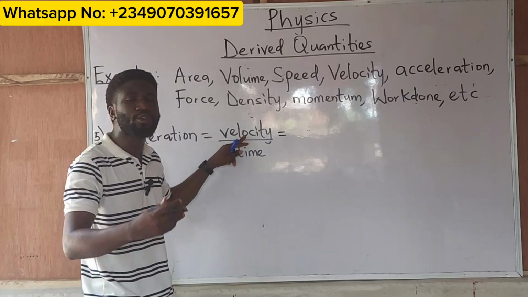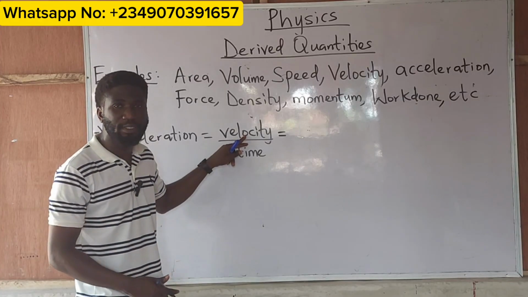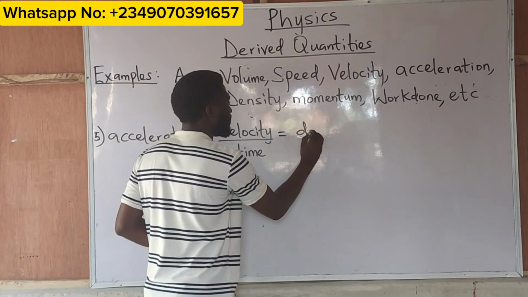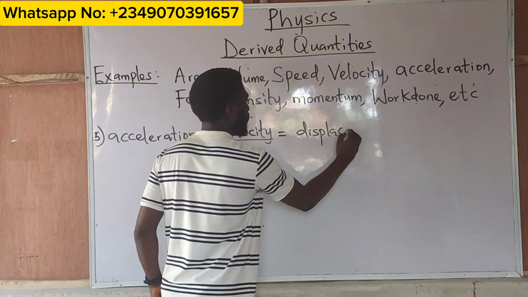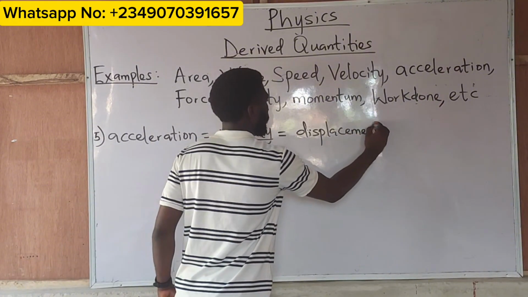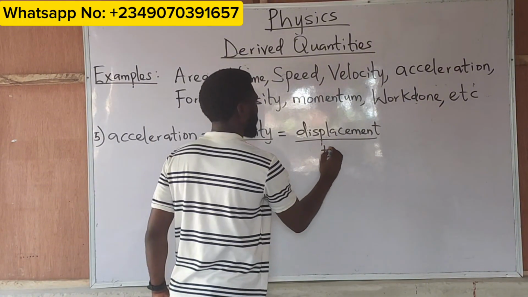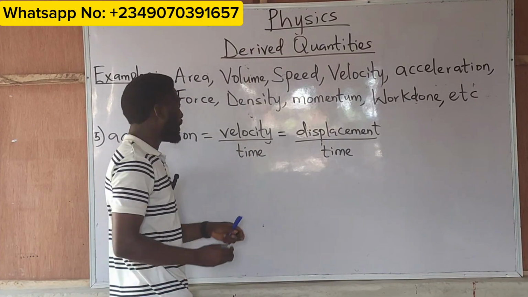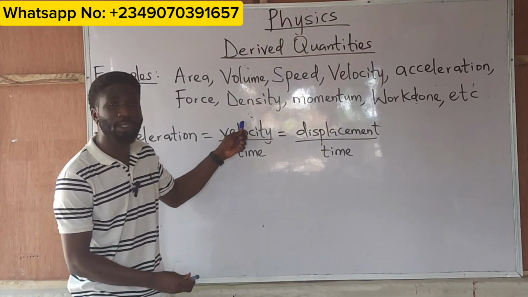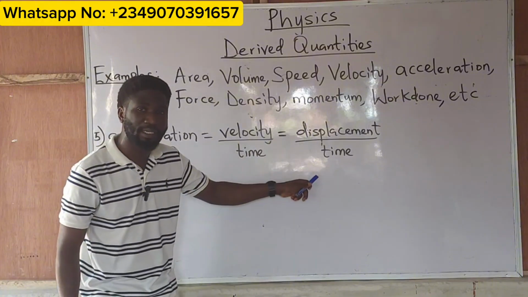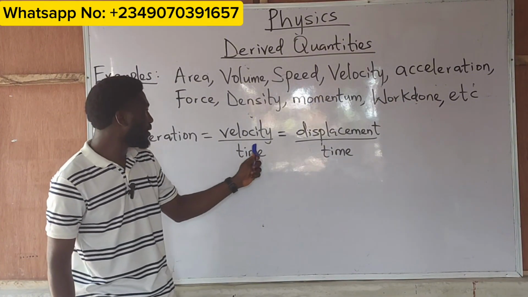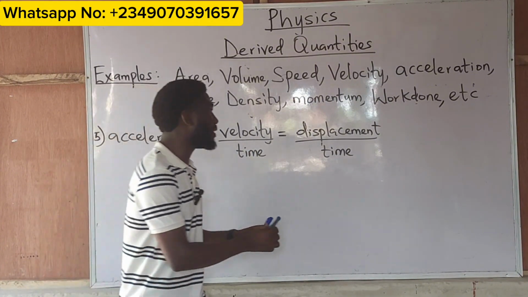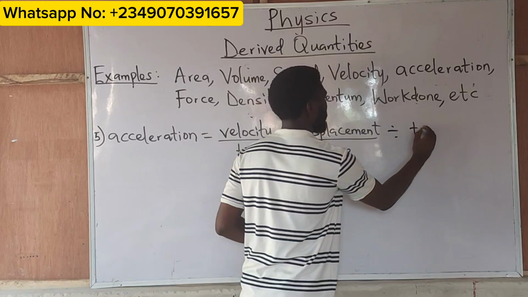Velocity over time. Velocity here has its own formula. And what is the formula? We said it is displacement over time, then divided by time.